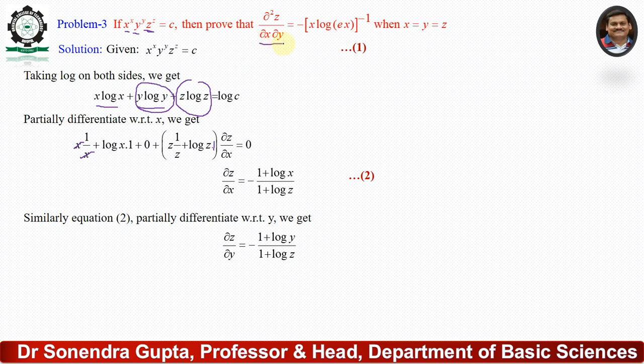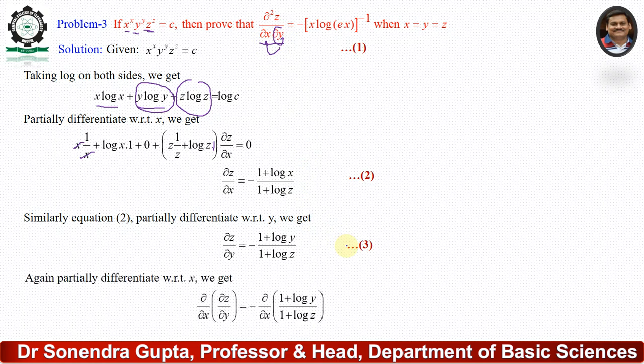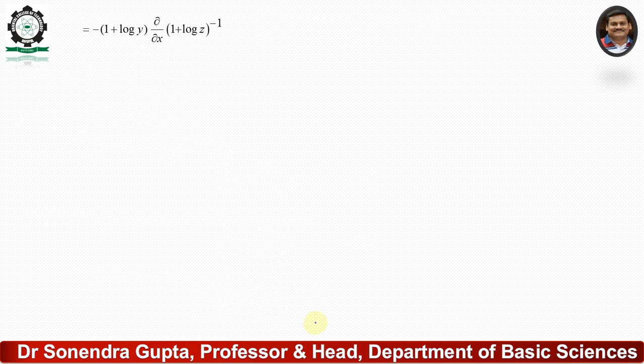Here we see that for del 2z by del x del y, the term of del z by del y can be differentiated with respect to x. It means that equation number 3 is partially differentiated with respect to x, that means minus del upon del x of 1 plus log y upon 1 plus log z. Now 1 plus log y is a constant, then we differentiate 1 plus log z with respect to x, that means minus 1 plus log y del upon del x of 1 plus log z to the power minus 1.